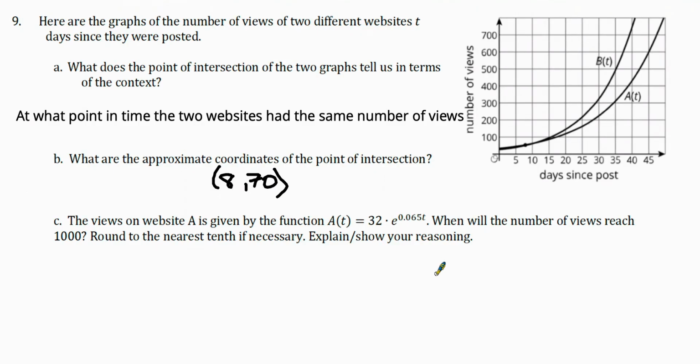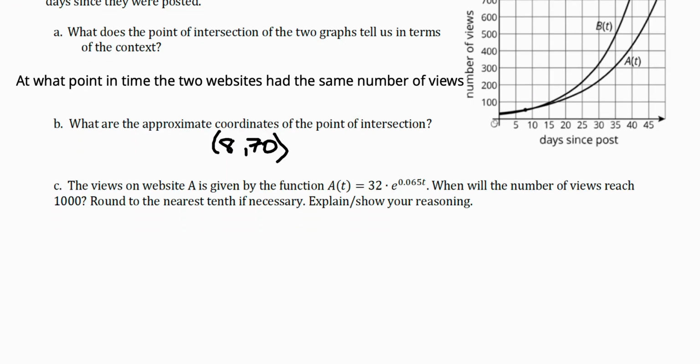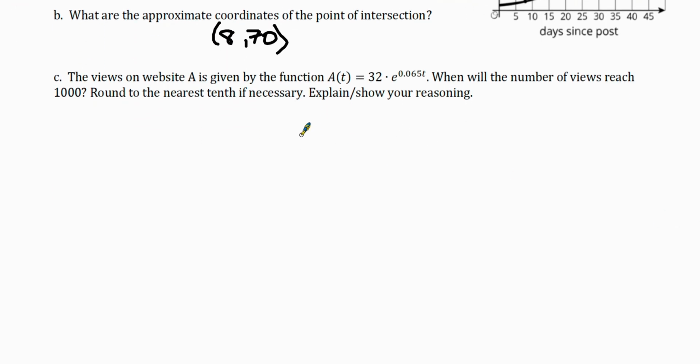Now, part C, we are given the function for the views on website A, and we want to figure out when the number of views will reach 1,000. So all I'm doing is setting this function equal to 1,000 and solving. So 32 times e to the 0.065 t power equals 1,000.